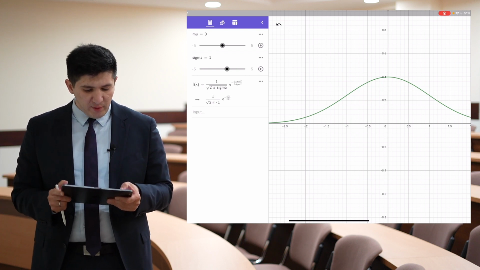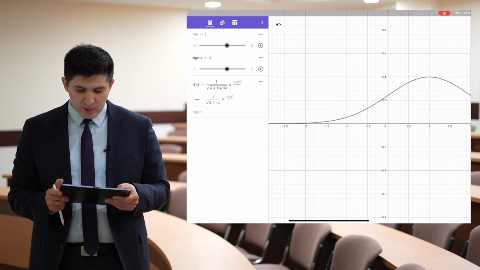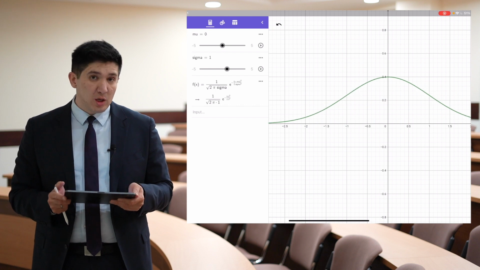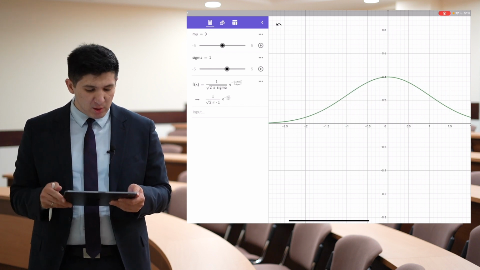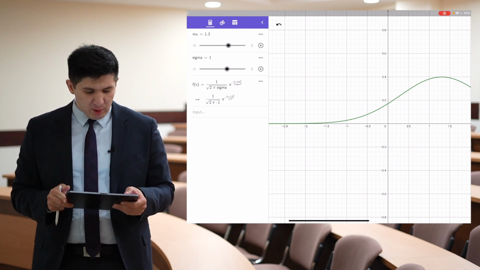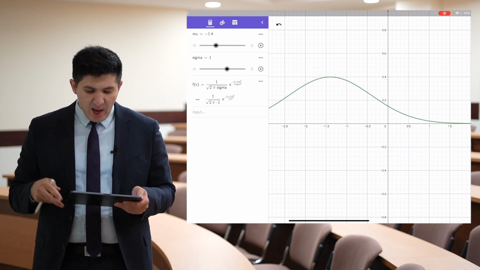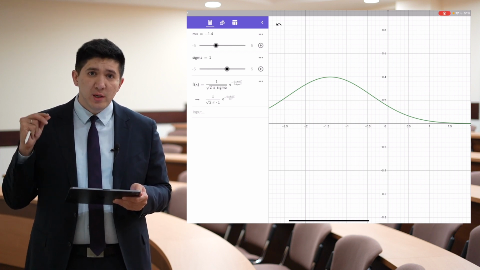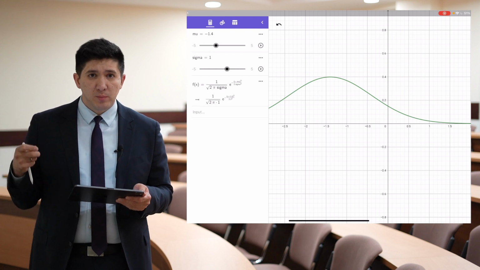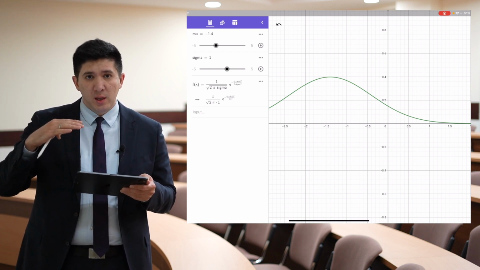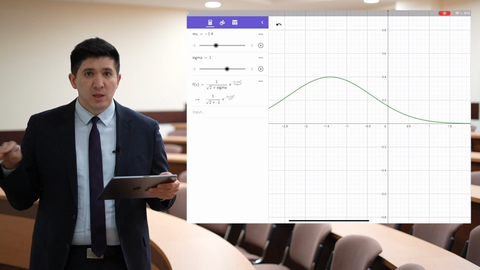For example, if I change the mean to 1 or to -1, you can see the curve is simply moving. If I go to 1, it will just go to 1. If I go to -1.4, the highest point of the curve is going to be at -1.4. But you can see that it is not flattened when you change the mean.